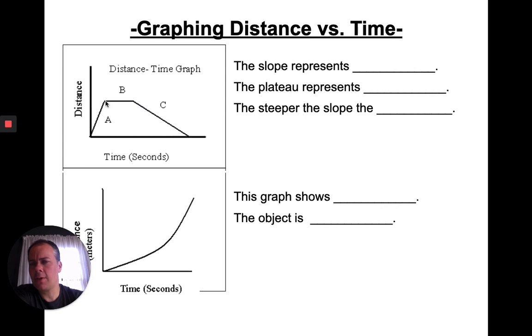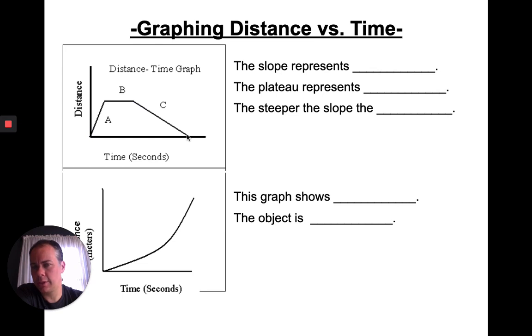Then let's think about what's happening here at B. So now as time is moving on, this object, its distance from its starting point is not changing. That would mean it stopped moving. In this section of the graph, as time's moving on, this object is going back towards its starting point.